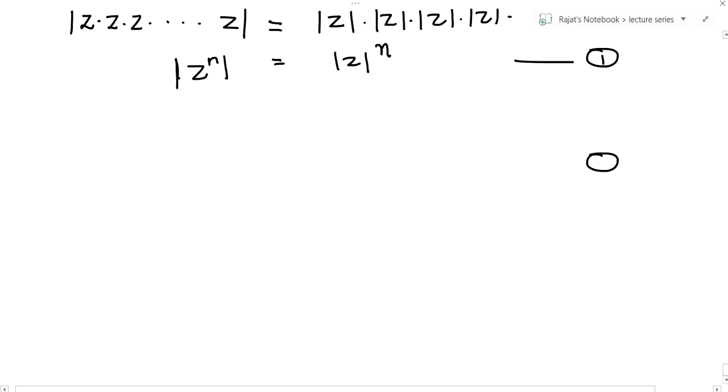In the conjugate, there were a couple of things that I missed. First is that conjugate can be distributed over the complex number. What does it mean? First of all, let me give you a brief idea of the conjugate.